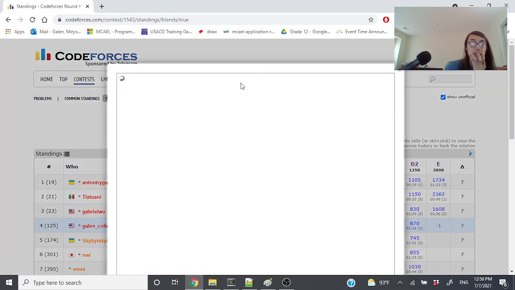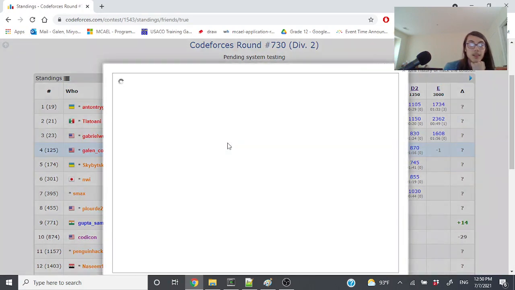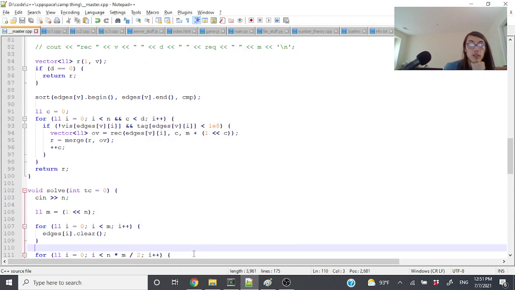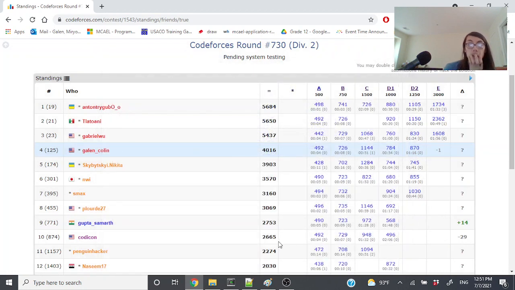How do you solve this? Can I see submissions? Why is it not letting me see submissions here? I'm mad at that. Got wrong answer 4. Pretest 2. TLE.